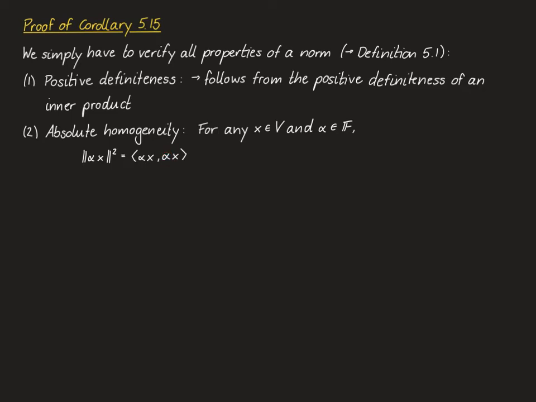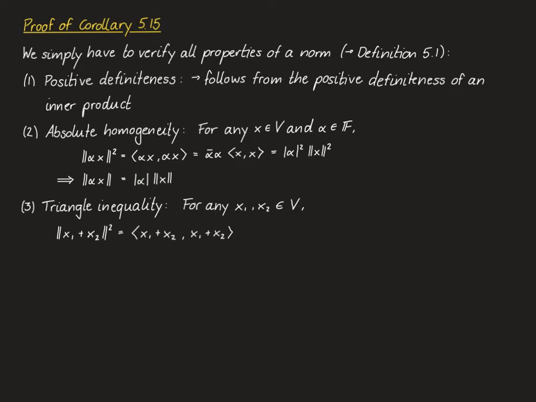And what we get is alpha bar times alpha times the inner product of x with itself. And since alpha times alpha bar equals the absolute value of alpha squared, and the inner product of x with itself equals the induced norm of x squared, the absolute homogeneity property follows by just taking the square root on both sides of the equality.